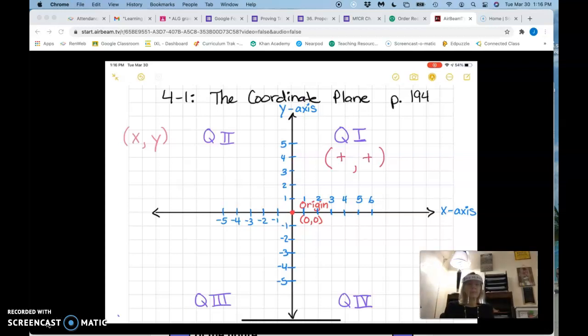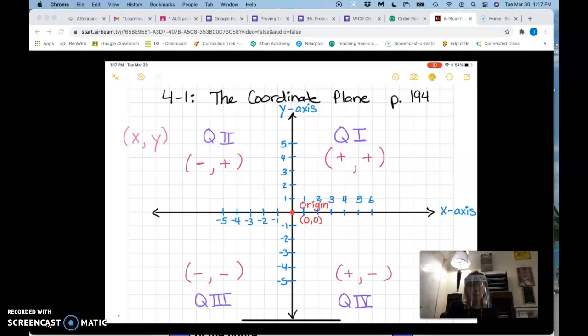Give me a thumbs up if you remember doing something like that. That's awesome. Okay, so in quadrant 2, if we move left, my x is negative, but moving up, my y is positive. In quadrant 3, they're both negative. And in quadrant 4? Positive and negative.